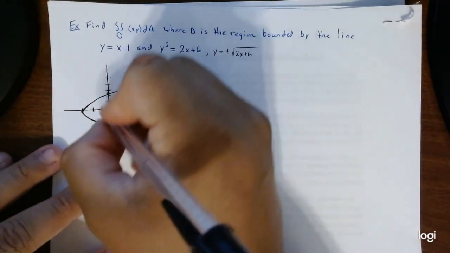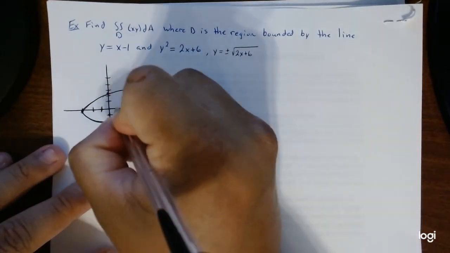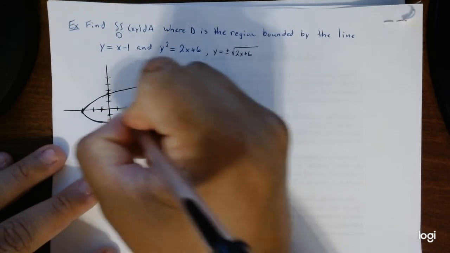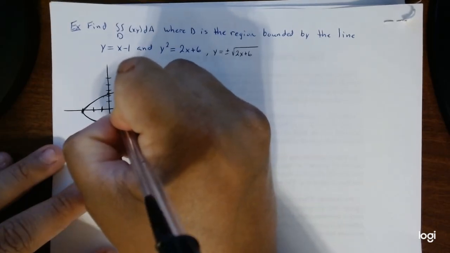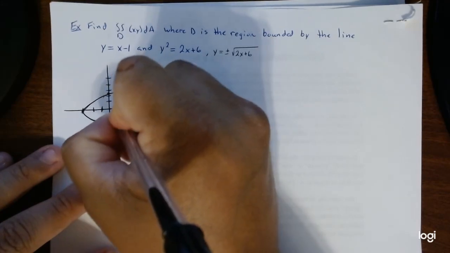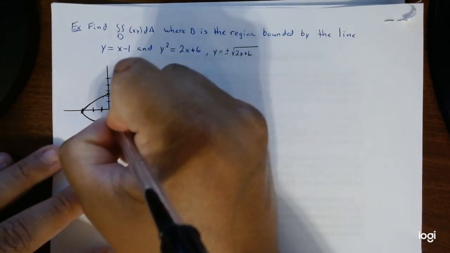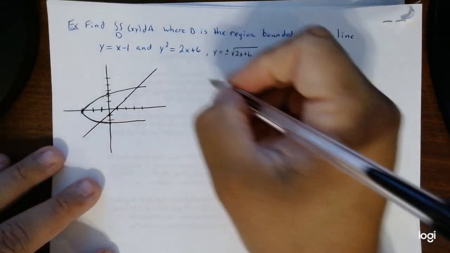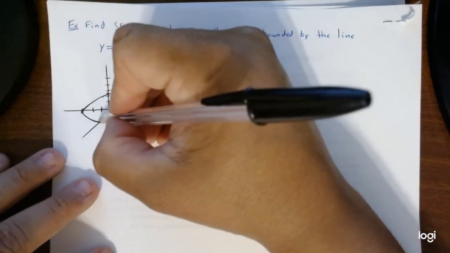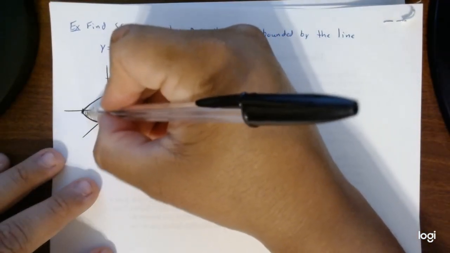And on the other side, it starts here and just goes 1 up, over 1, right? It's our basic graph. So the region D is right here.